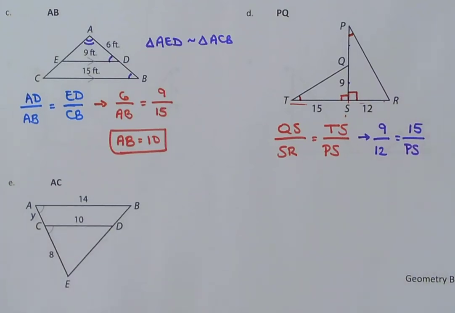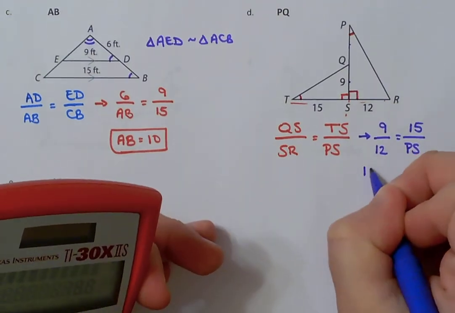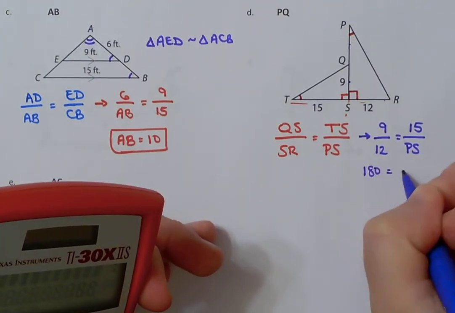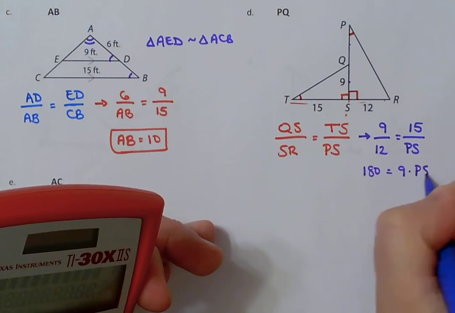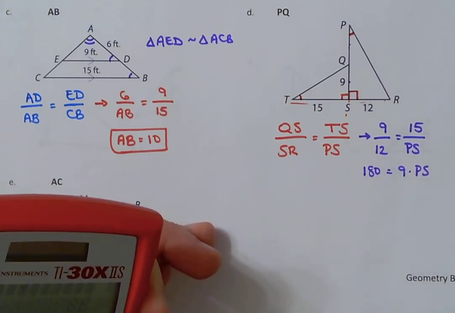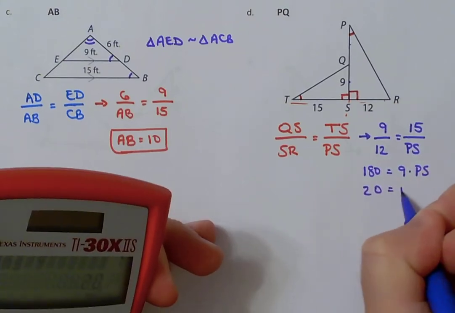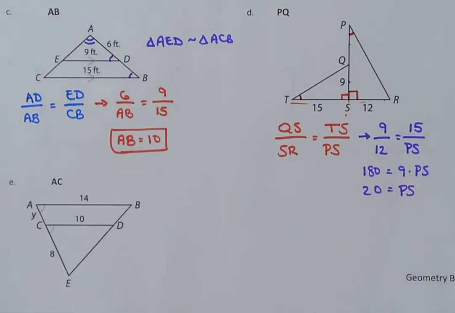So if we go through and solve for PS, we do 12 times 15, we get 180 equals 9 times PS, and then we just divide by 9, and we end up with 20 equals PS.